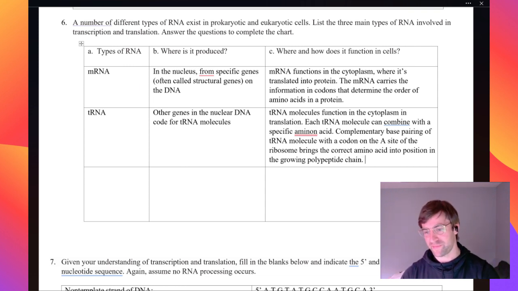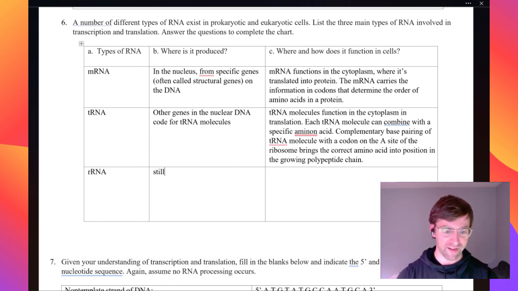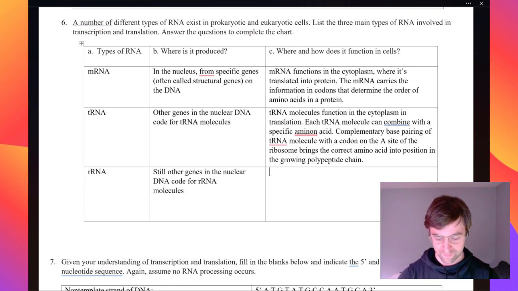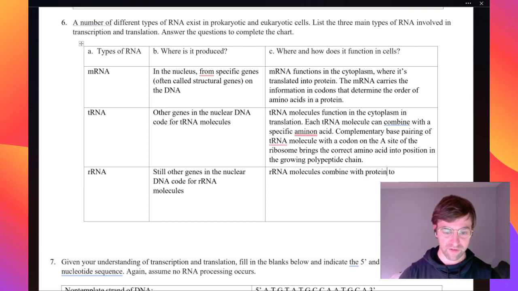I was waxing poetic about the magic of mRNA vaccines, is all that you need to know about that. It codes for specific proteins. All right, and finally, rRNA, or ribosomal RNA. rRNA molecules combine with protein to form ribosomes, and these are part of the translational machinery.